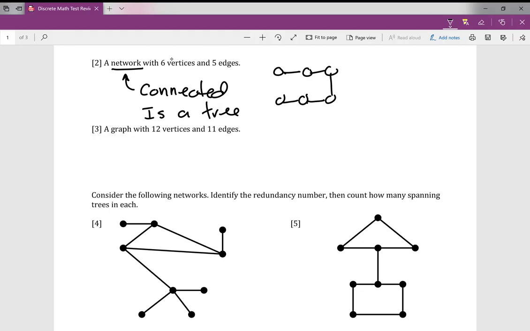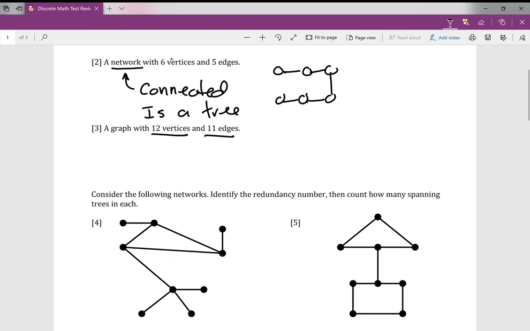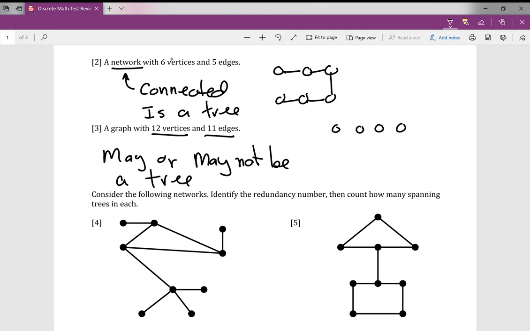A graph with 12 vertices and 11 edges may or may not be a tree. And this depends on how you draw it out. We see that we have our 12 vertices.